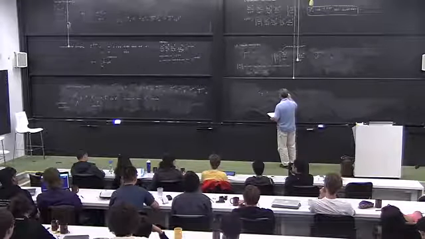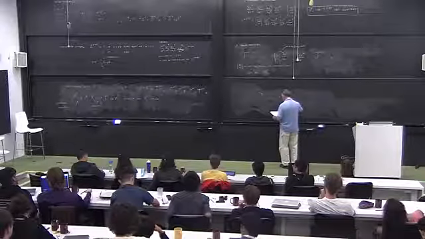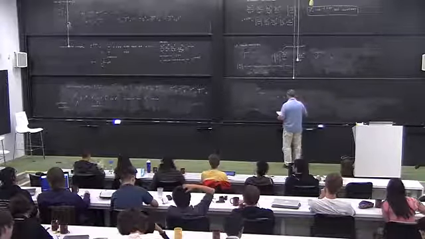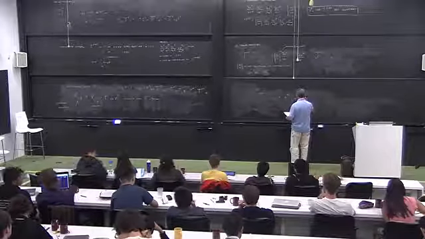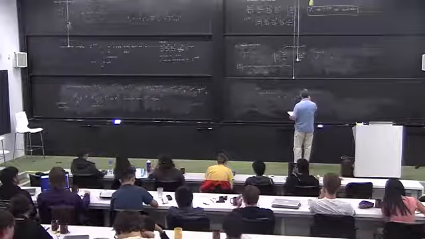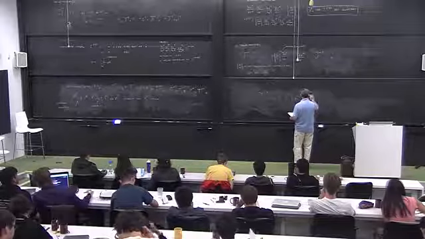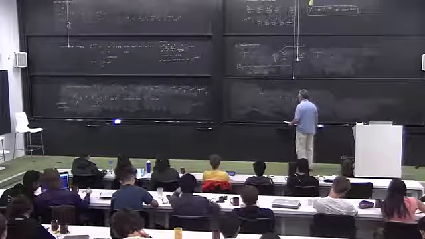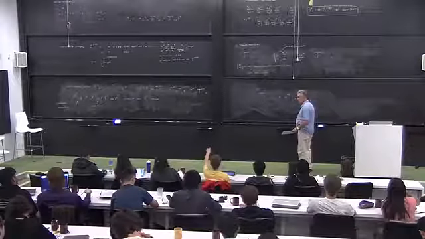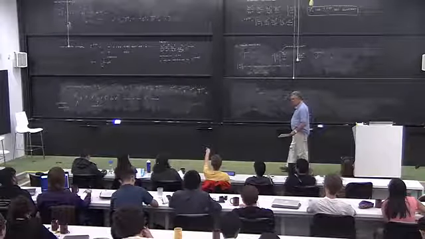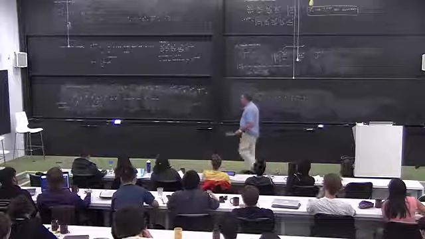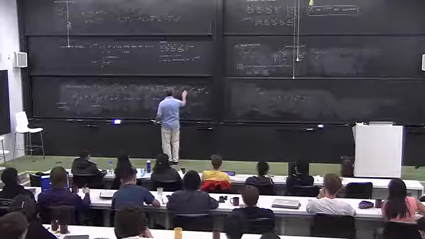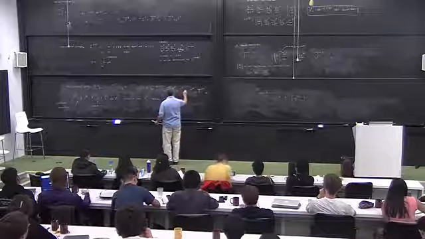This is equal to g^(w/2) into g^(-w/2) T^μν semicolon ρ. Actually, again, I think the rho and lambda should be switched here. Yeah. Okay. Thanks.